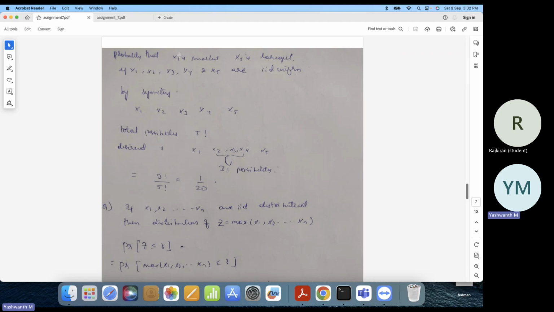And we want the probability that one of them, that is x1, is the smallest, and one of them is the highest. So there is no preference for x1 or x5. You can pick them anything. x3 is smallest and x5 largest, right?